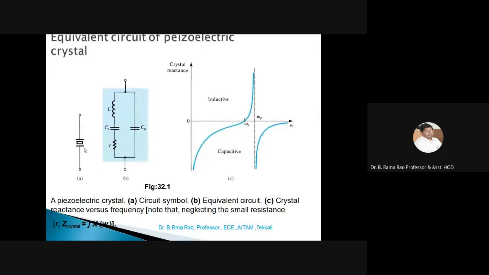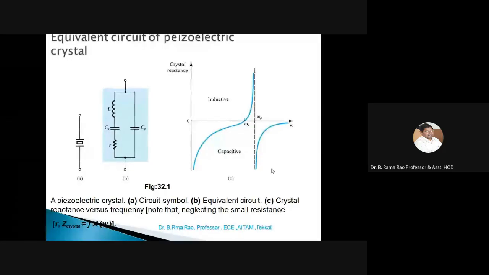So how can you get the value of the reactance function of this crystal by using this figure? The reactance function is given by jX equal to 1 by j omega p Cp into omega square minus omega s square by omega square minus omega p square.